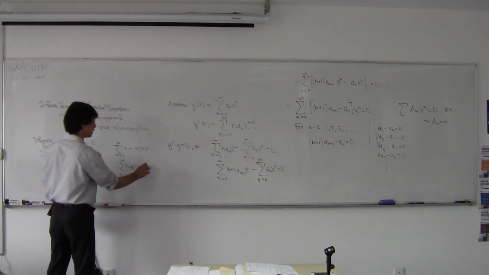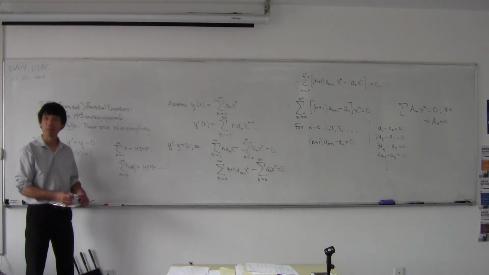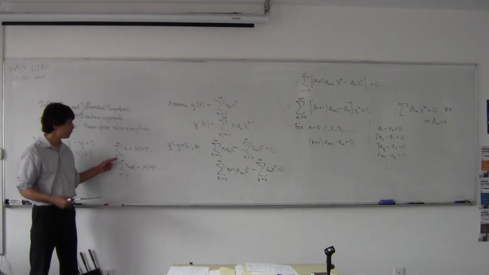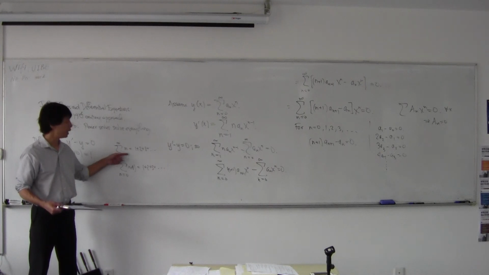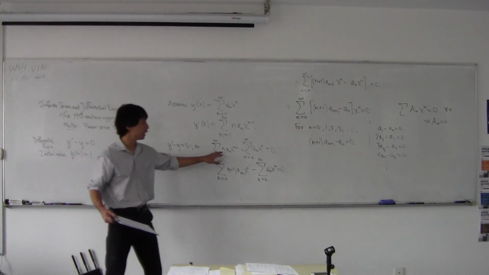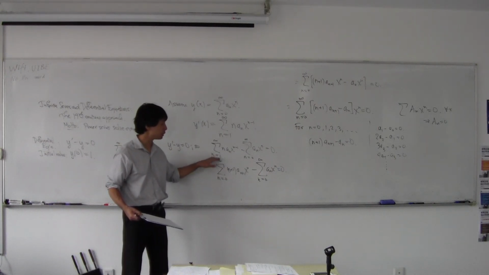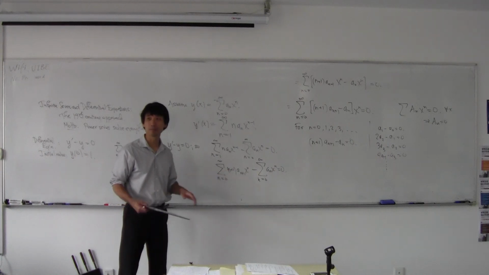When n is 2, I get 3, etc. So I haven't changed it. I have shifted the index down. I'm starting the index at 0 rather than at 1, but I'm shifting the terms up by 1. That's all I'm doing here.